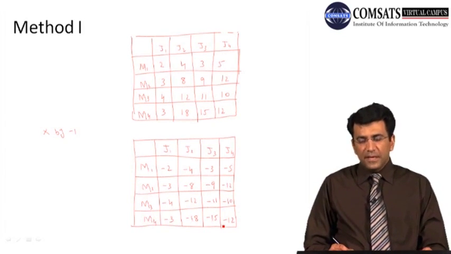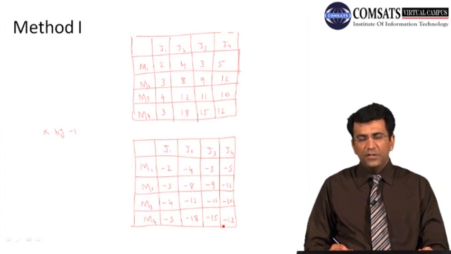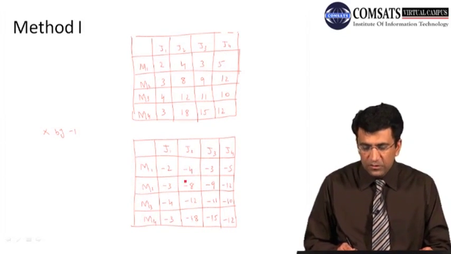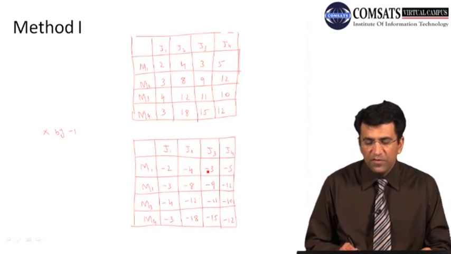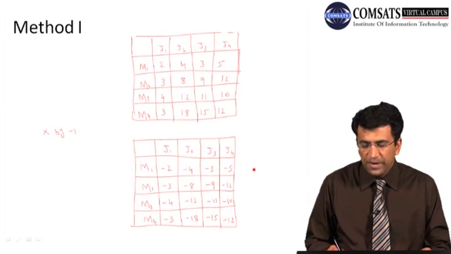Now class, in the next step again we will have to draw the table by applying the row operation, and in the row operation, you know what we do, we will have to find out the minimum value out of each row. Now let's see the first row. In this first row the minimum value is -5. In second row the minimum value is -12.